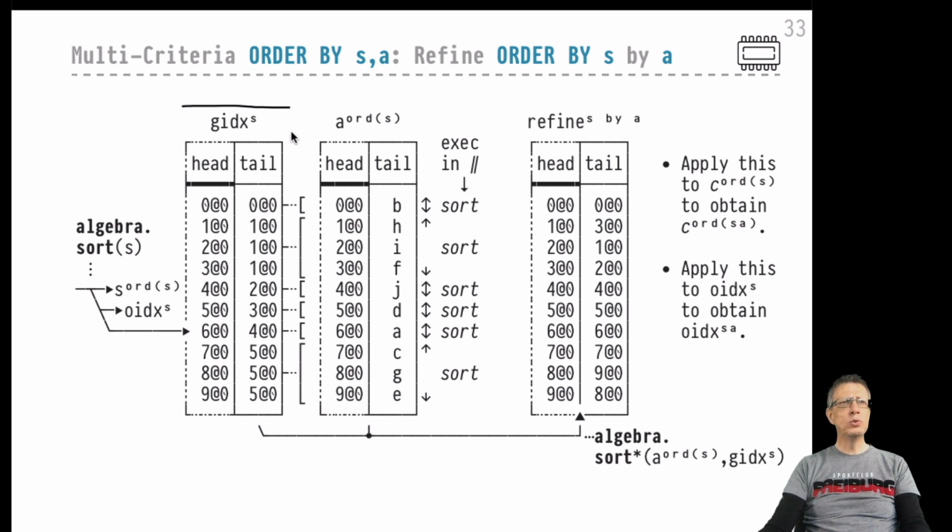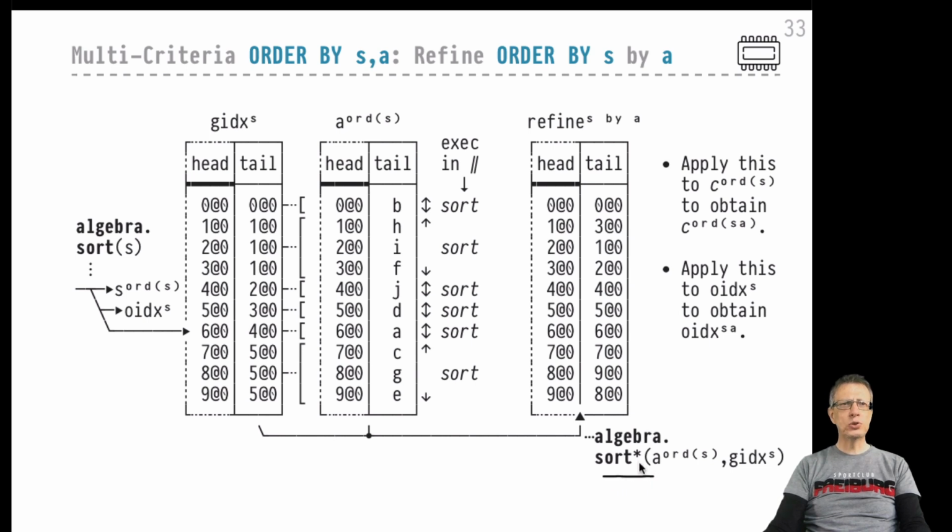We would use this group index together with the sorted A column. The A column is already sorted in S order, as you can see here. We would feed this group index together with the ordered A column, the second ordering criterion, into a variant of the algebra.sort operation.